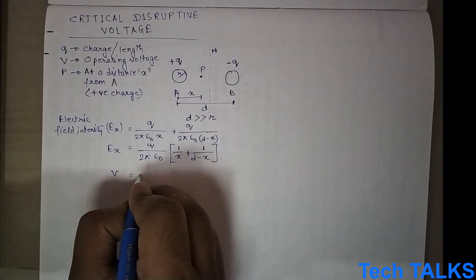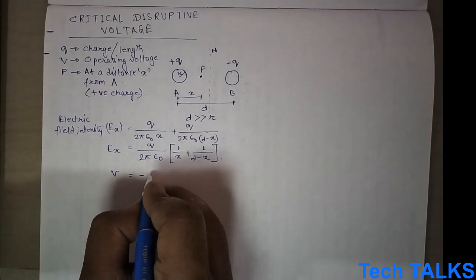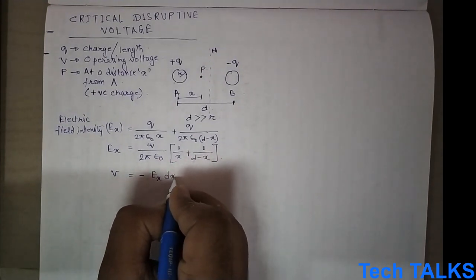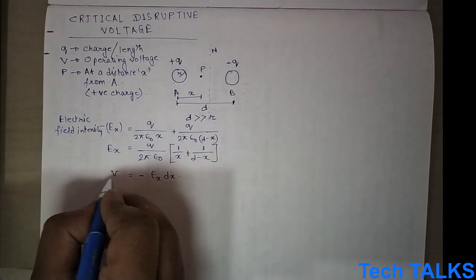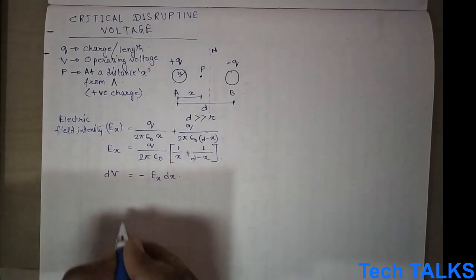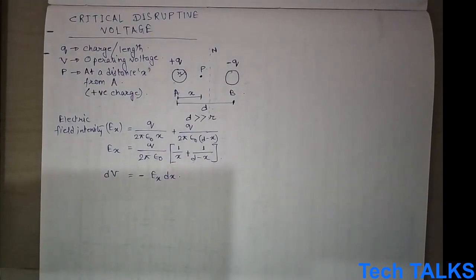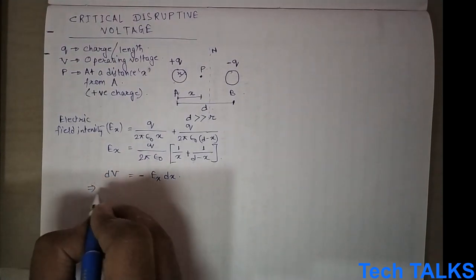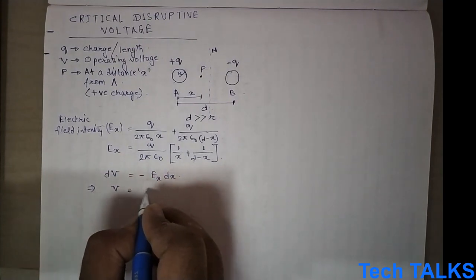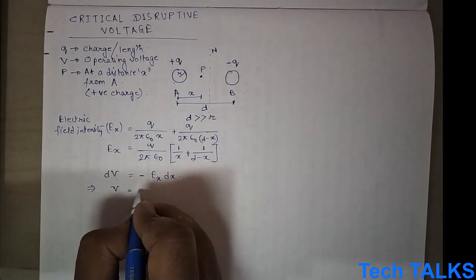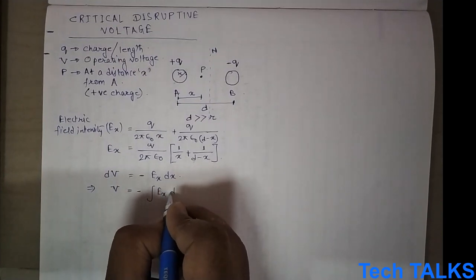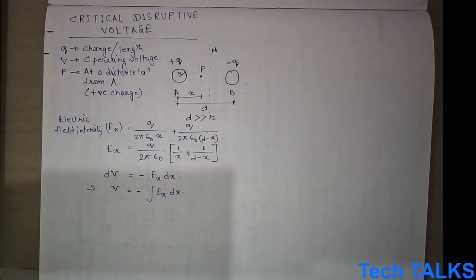Now if we want to find V, then it will be minus the integration of Ex dx. The integration limits will be from d minus r to r. Okay.